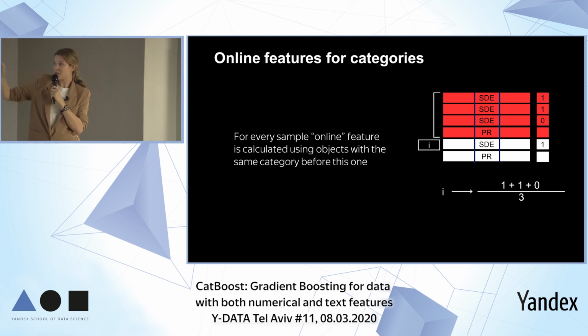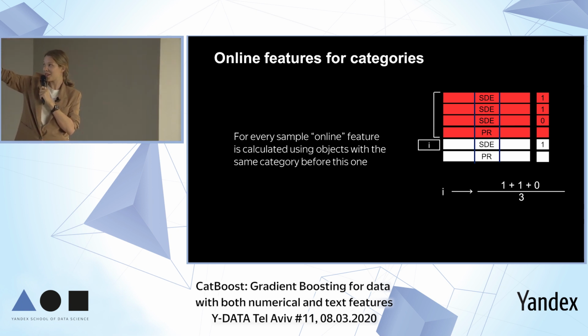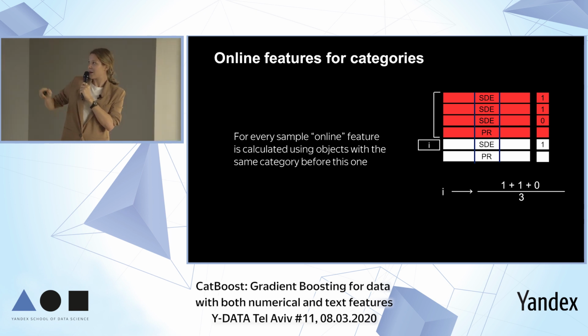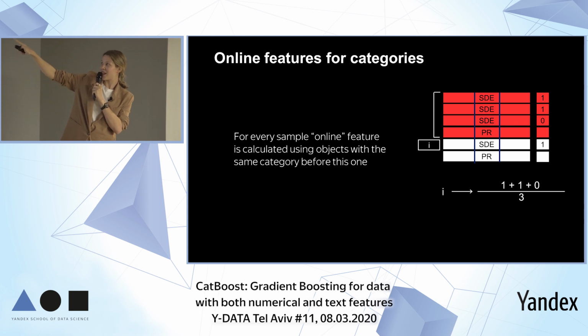So as you can see here, we are calculating new feature value for our sample number E. It has categorical feature SDE. Now we are looking on all SDEs before this one, and we are just averaging their labels. And that is our new feature value.